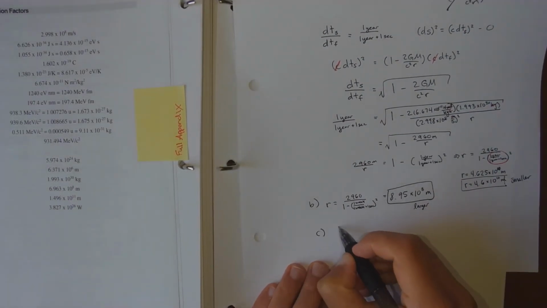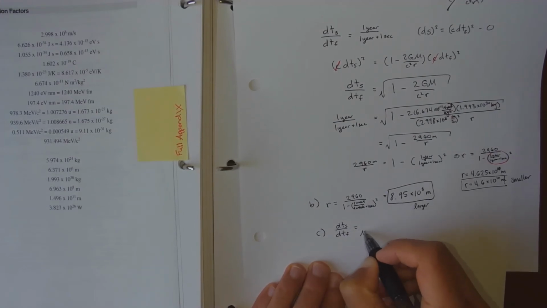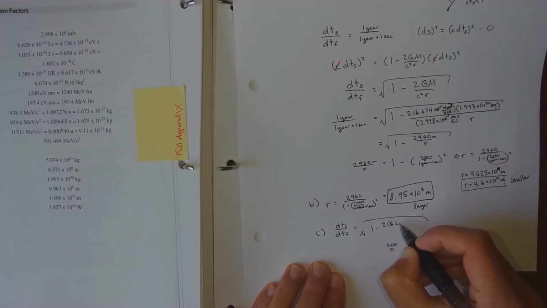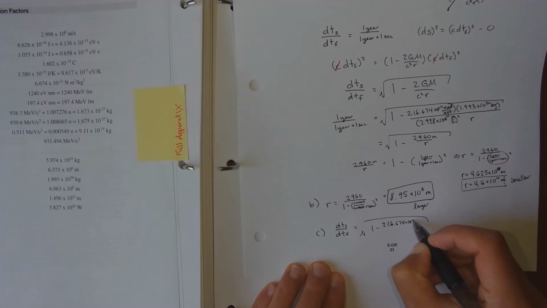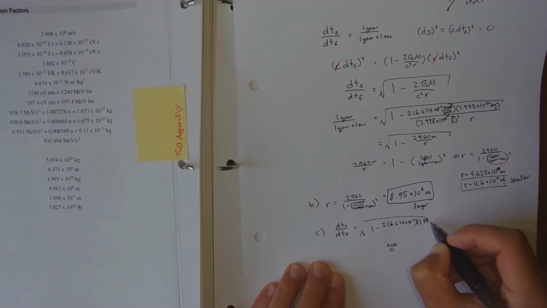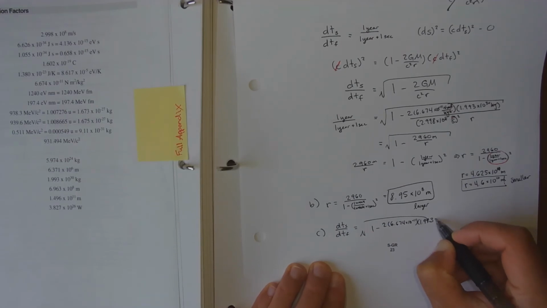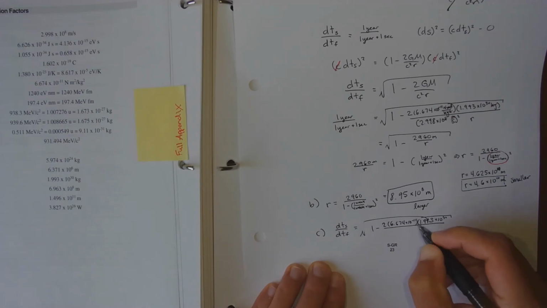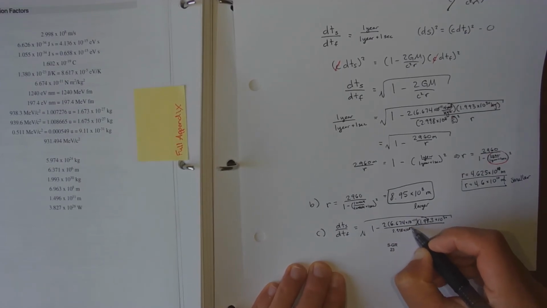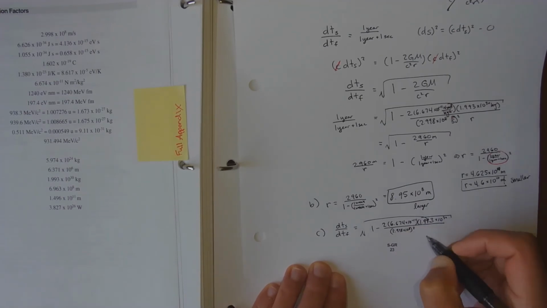So for part C, I have dTs over dTf is equal to 1 minus 2 times g, which is 6.674 times 10 to the negative 11th, times m, which is 1.993 times 10 to the 30th, divided by c squared, which is 2.998 times 10 to the 8th, times r.